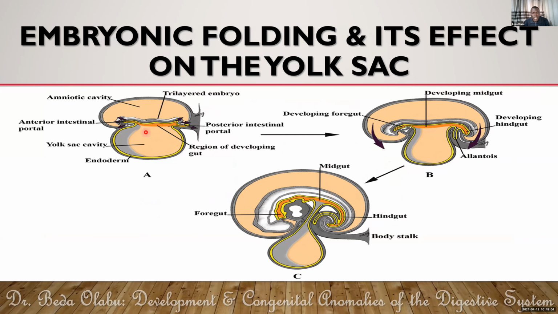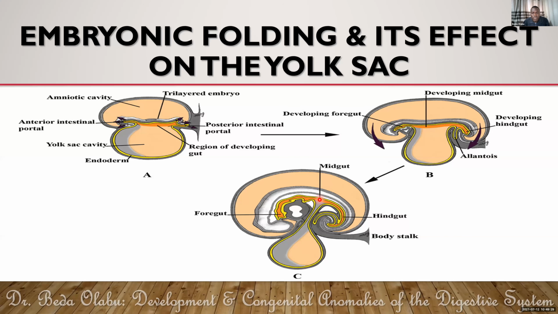The primordial gut has three segments. The part of the primordial gut that is attached to the vitelline duct is called the midgut segment. So this segment here is called the midgut segment.